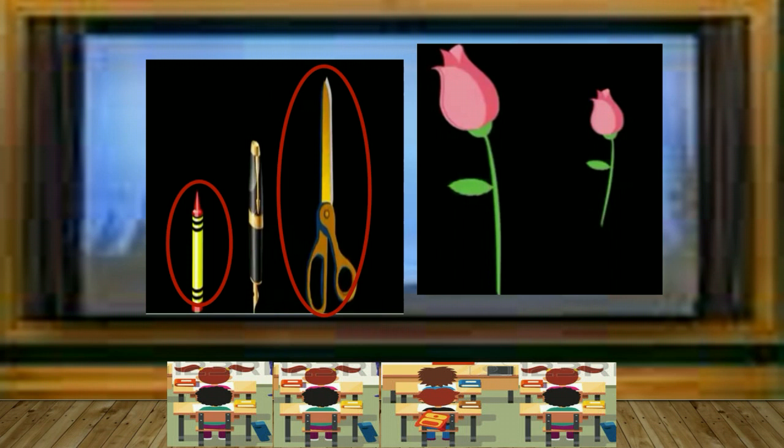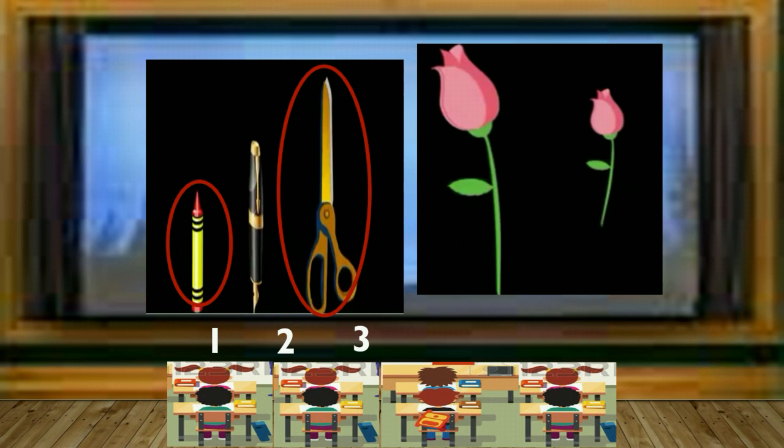And so, if we are going to order them, we have to put in number 1 the crayon. Number 2 will be the pen. And the longest is the scissors. So we have to put it in number 3.